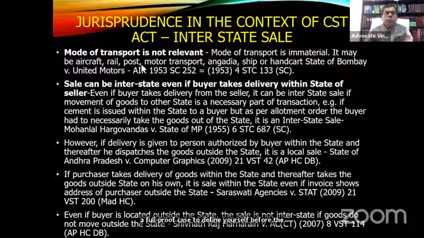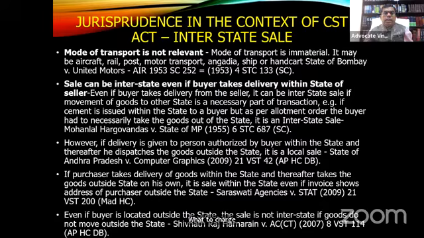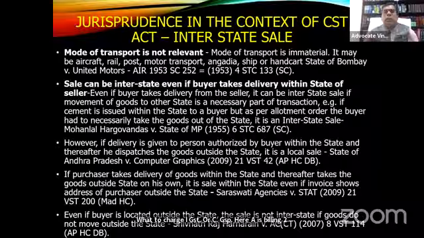Now, let us take some of the questions relating to whatever I have discussed until now. Advocate Amit Jain is asking, A in Gujarat is billing to B in Maharashtra and shipping to C in Gujarat. What to charge, IGST or CGST? Here A is billing to B in Maharashtra and delivering to C in Gujarat.